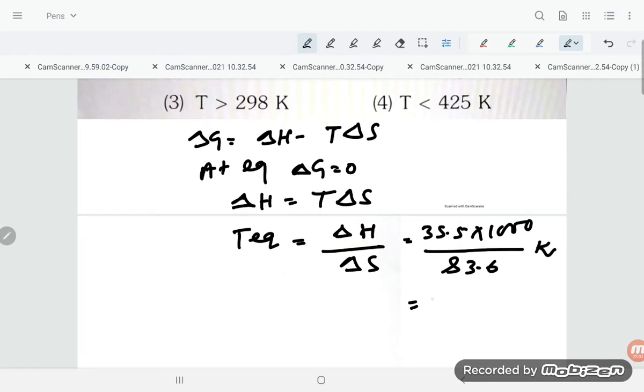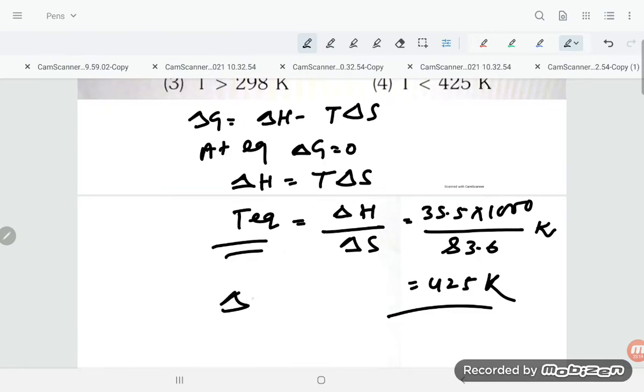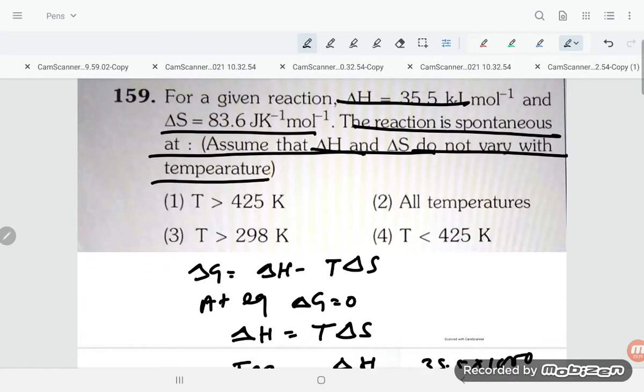How much is coming, student? 425 Kelvin. T equilibrium is 425. Since the reaction is exothermic, it will be spontaneous at more than 425 Kelvin. So the temperature should be more than 425 Kelvin. Which is the correct option, student? Option A itself is correct.